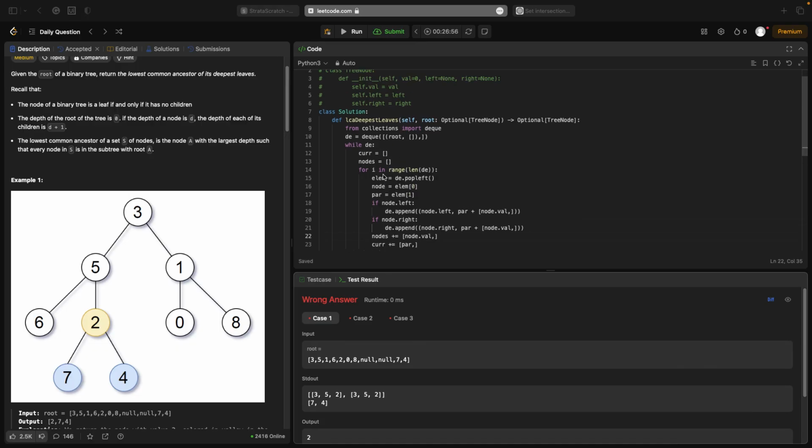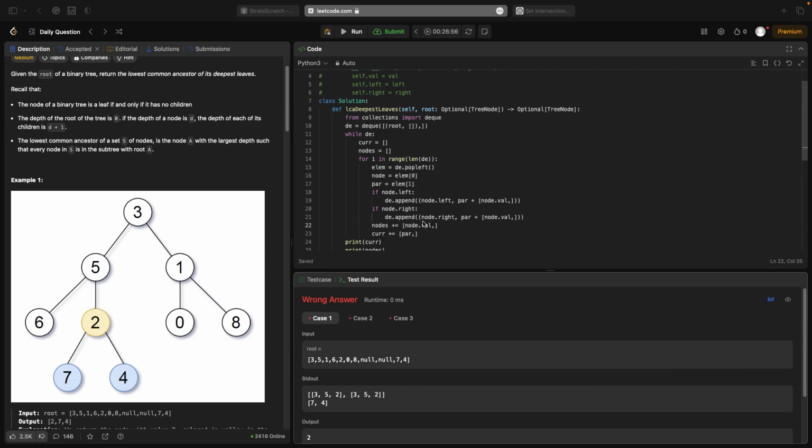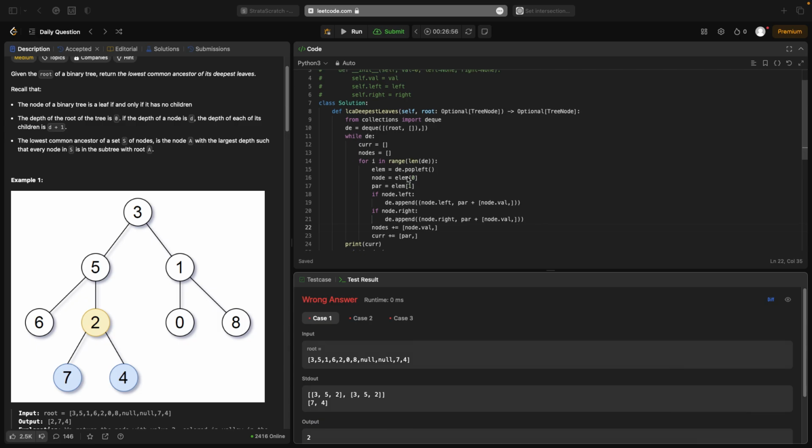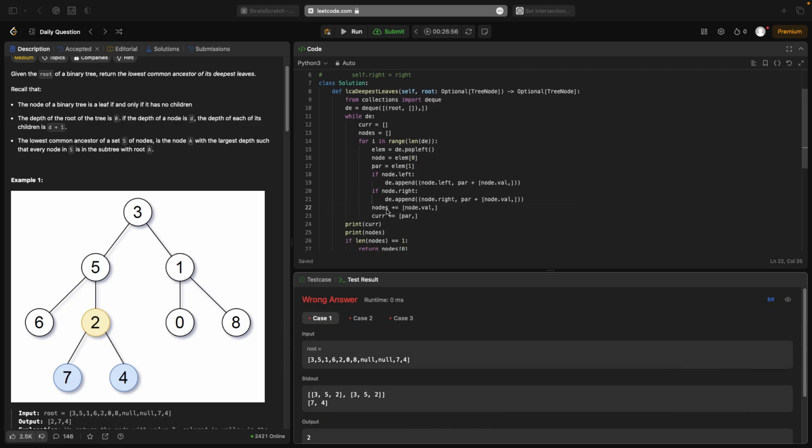So at the end of the iteration of the double-ended queue, we end up with the parents of the lowest level and the nodes at the lowest level. So this is the idea of how the double-ended queue works, right?